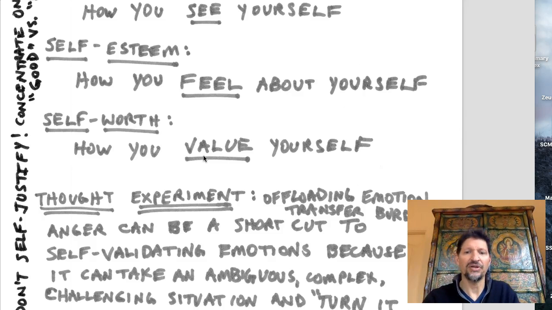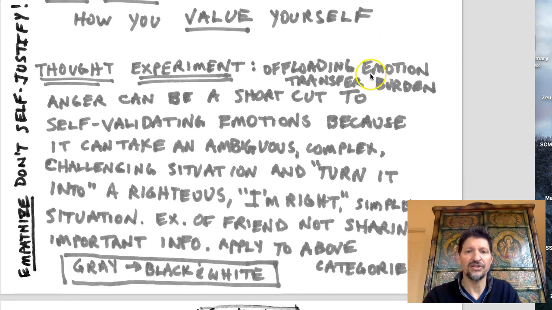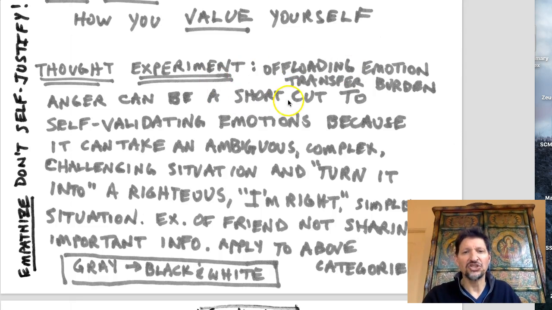Now I want to engage in a thought experiment about offloading emotion and transferring the burden in real life. Like I said, anger can be a shortcut to self-validating emotions because it can take an ambiguous, complex, challenging situation and, quote, turn it into a righteous, I'm right, simple situation.